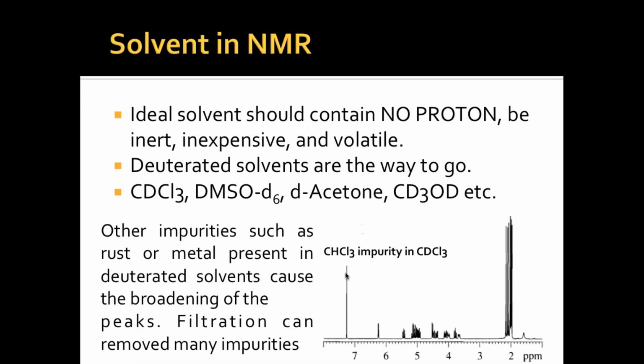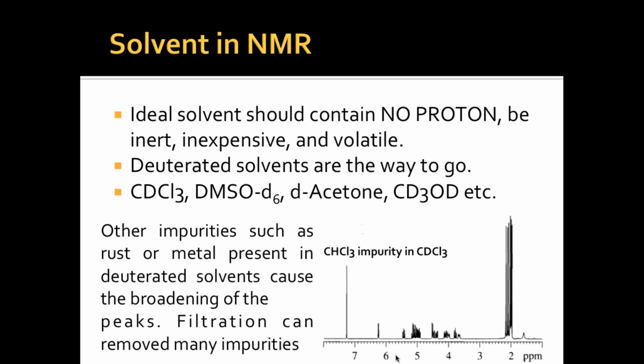Why do we need the reference peak? Because we want to have reproducible results, with accurate frequency values. So we always set the reference peak at a fixed value. ppm is the unit in which we measure the frequency in NMR, as you can see here. The impurity CHCl3 we set at 7.26 ppm.